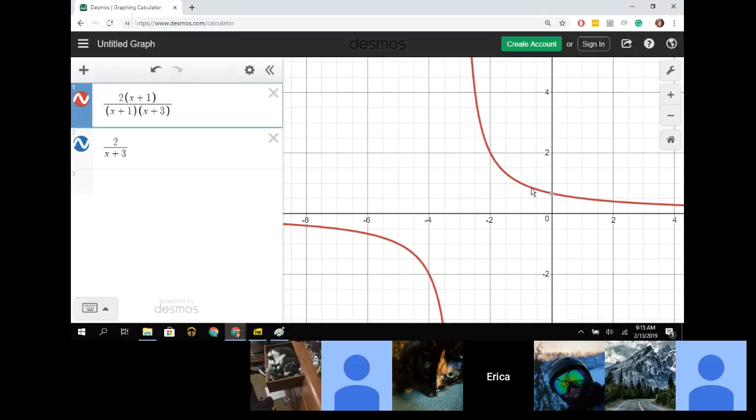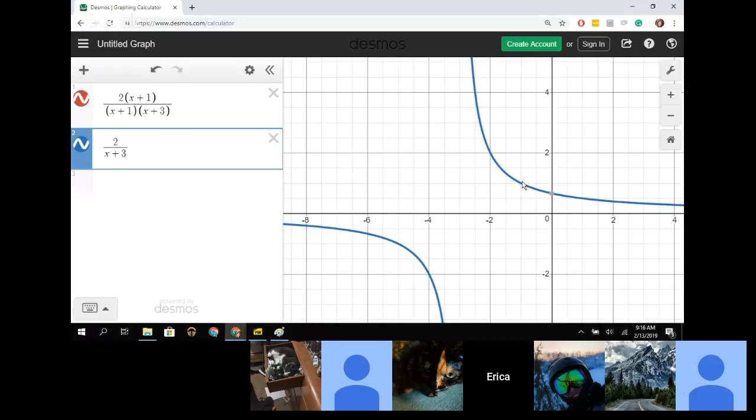The one caveat, though, is that in my red function, where x equals -1, I had a hole. In the blue function, I have a value there.